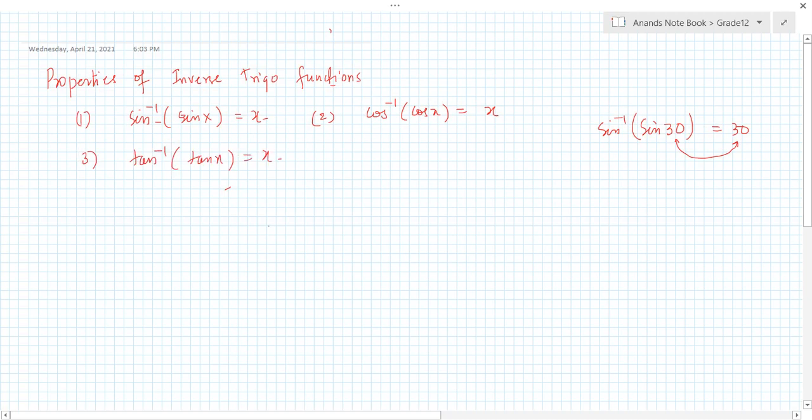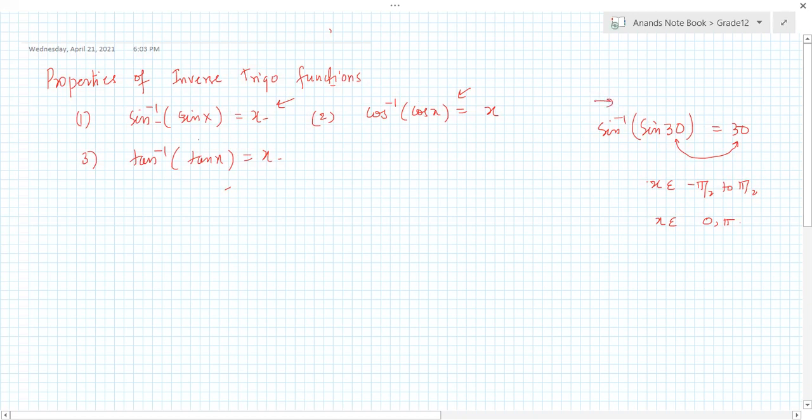Of course, when we are doing this, all those domain restrictions apply. For example, in this case, x has to belong to minus pi by 2 to pi by 2. In this case, x has to belong to 0 to pi, and so on. Those things are implicit.